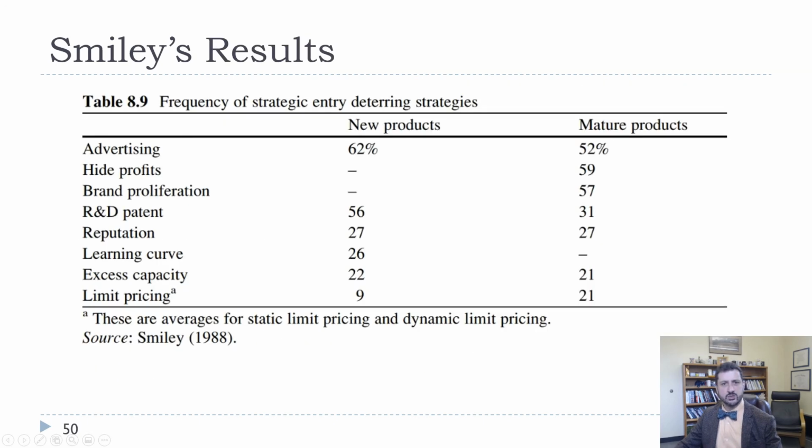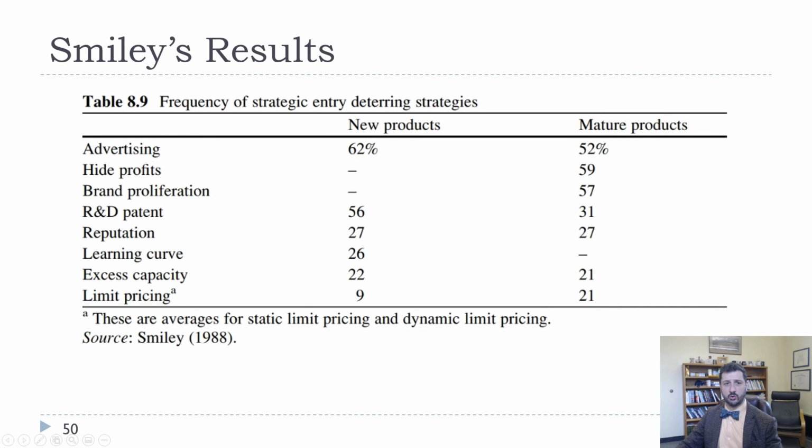And so his results were that in new products, advertising was really important, and R&D and patents were important. And then some of these had somewhat less importance: reputation, learning curve, excess capacity, and then limit pricing was only at 9%. For mature products, advertising, hiding profit, and brand proliferation were the most important, and then R&D, patents, and reputation.